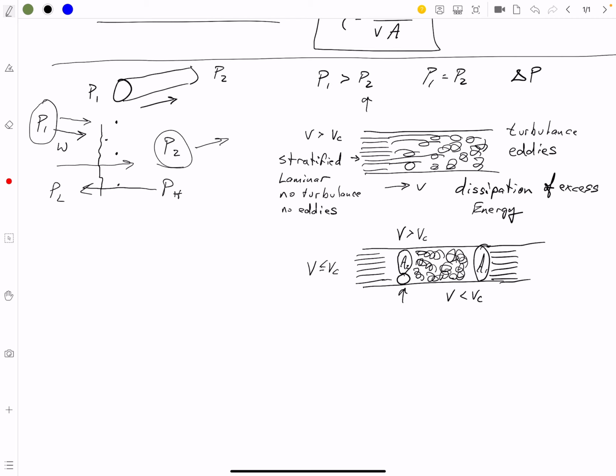But otherwise, we're in this situation where we've got a foamy, eddy-filled flow that is keeping our velocity where it should be. So obstructions and then higher speeds or rates of flow cause turbulent flow.